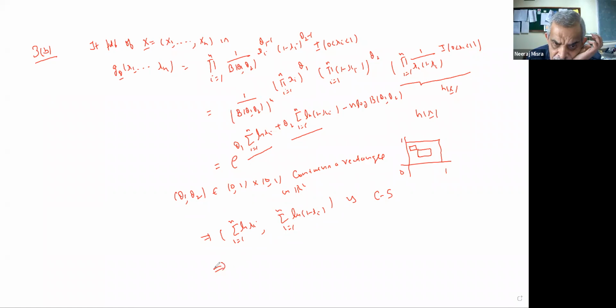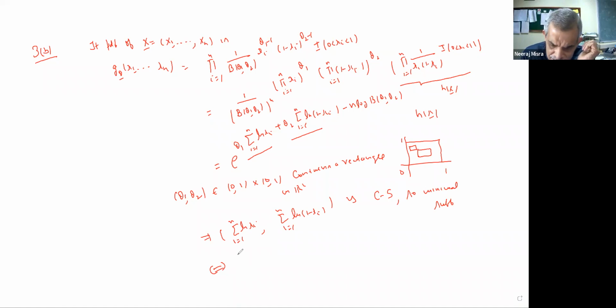Now you know that if a statistic is complete sufficient, it is minimal sufficient, because any complete sufficient statistic is also minimal sufficient. And you know that if you have a minimal sufficient statistic, then any one-to-one function of a minimal sufficient statistic is again minimal sufficient.